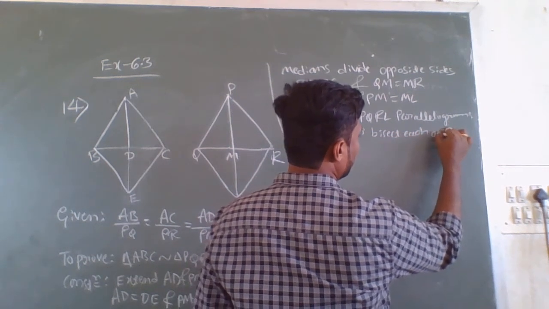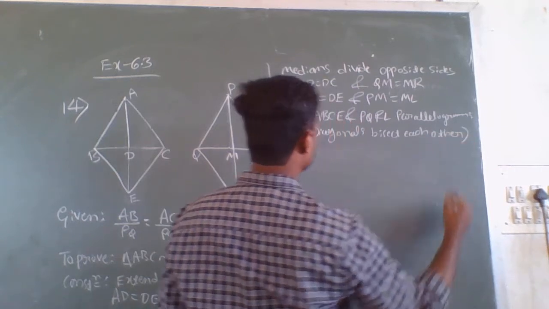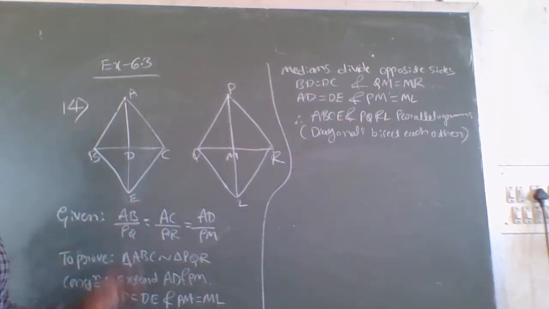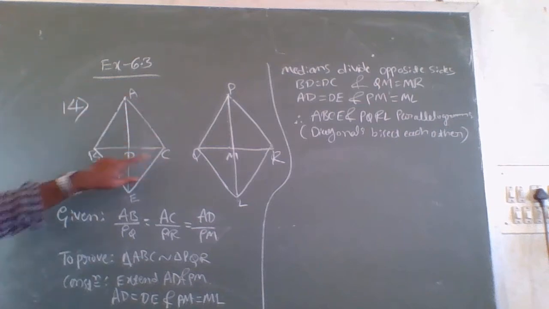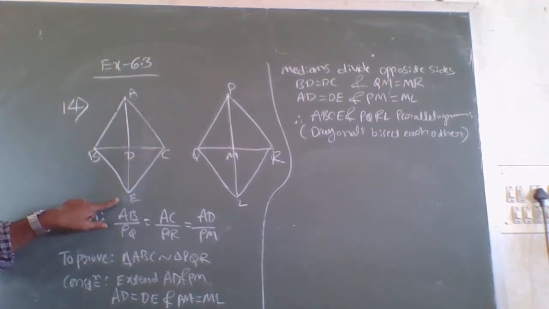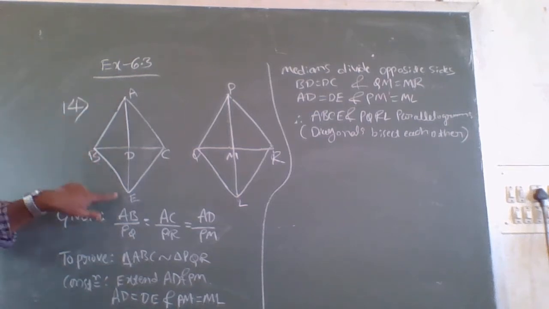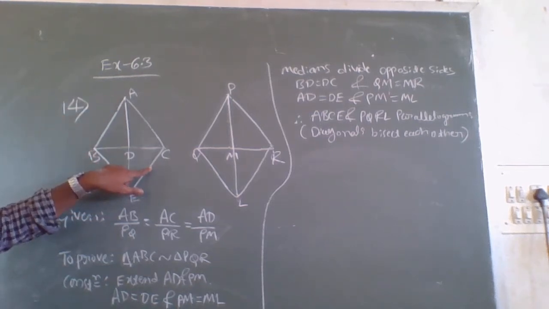Therefore, we can consider these two as parallelograms. If these two are parallelograms, then we can say that AC is equal to BE, and AB is equal to EC. Why?